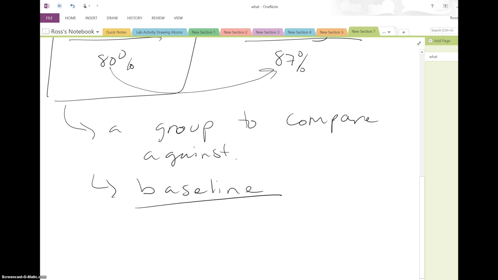And if it gives us a baseline, that's another way of saying we now have a standard, the norm, like normal, to compare against. What we call this group is, you guessed it, the control group.